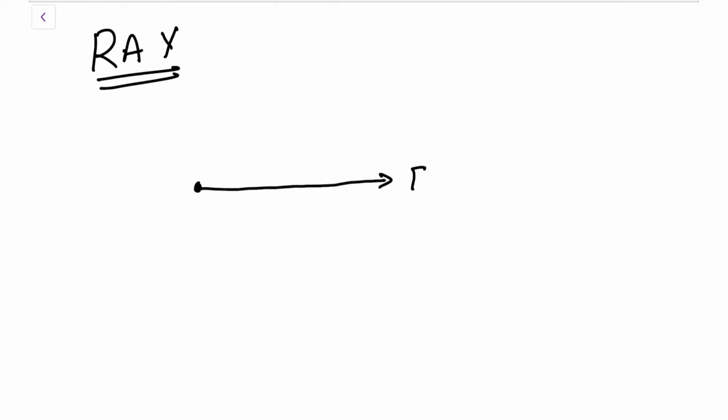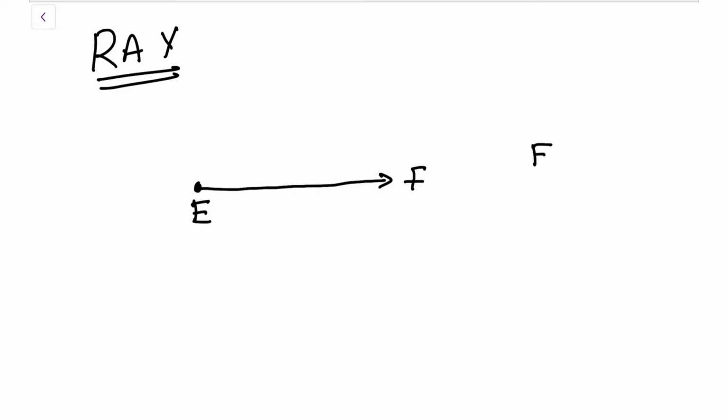Okay, now let's look at a ray. What is a ray? Now, a ray is nothing but a line starting from a point and extending indefinitely in one direction. Only in one direction it extends indefinitely. So it is starting from a point E and it's extending indefinitely in one direction.